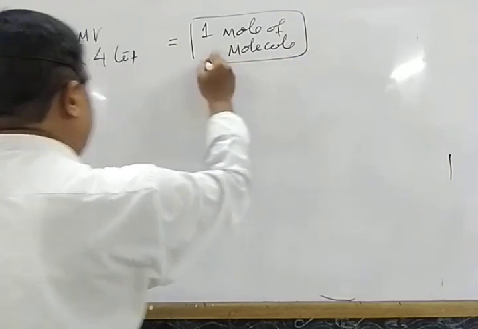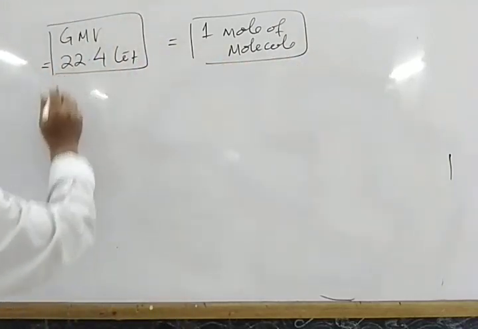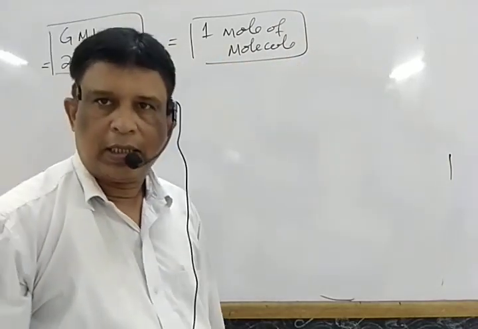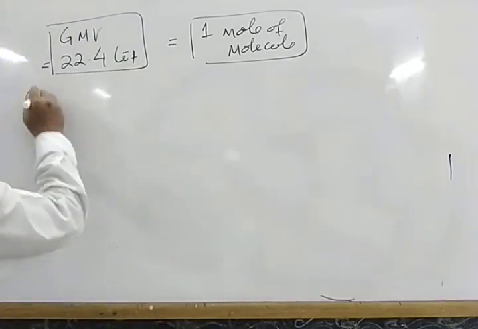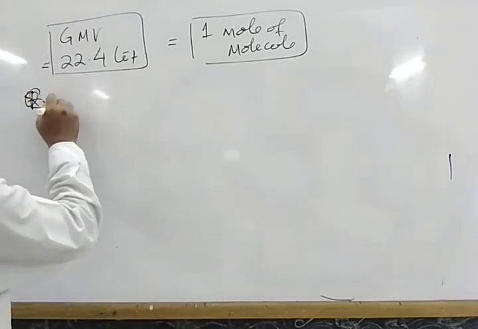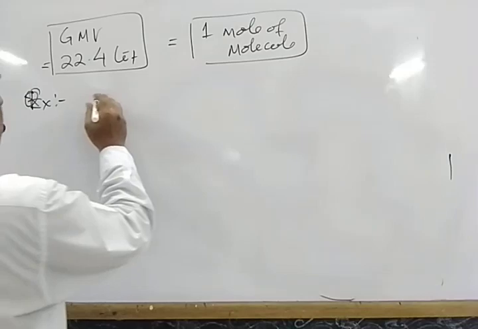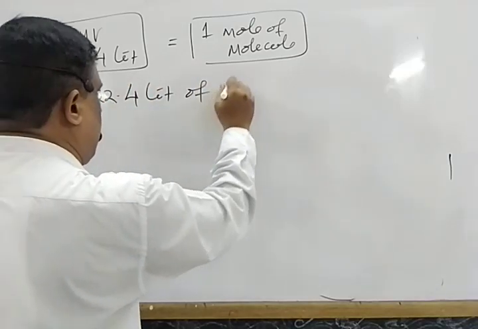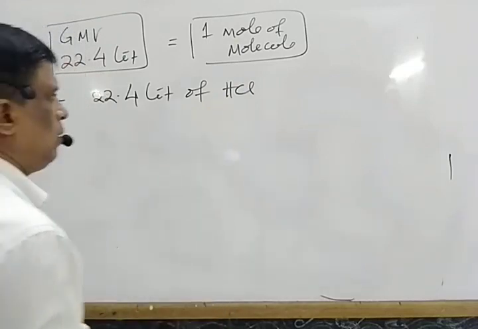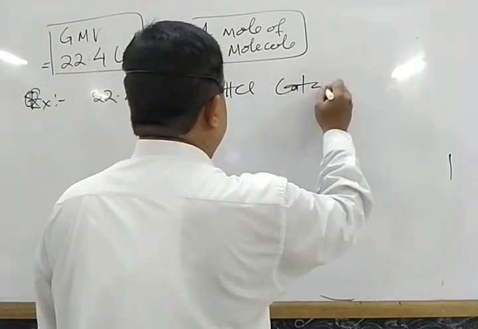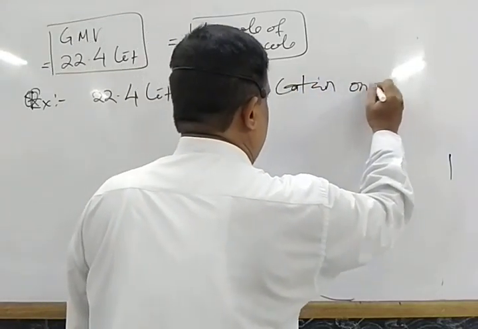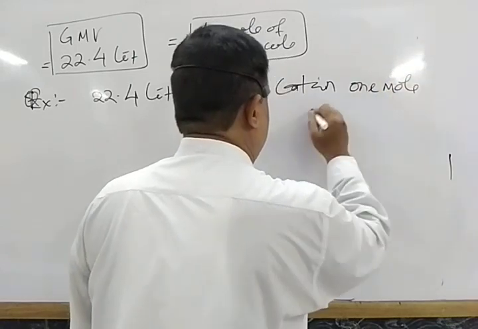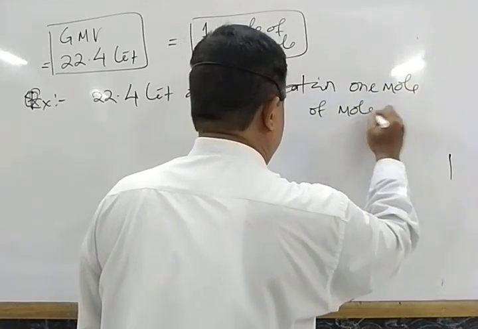Mark the relationship. Select one example, that means HCl. Mark that example. 22.4 liter of hydrogen chloride contains 1 mole of molecules.